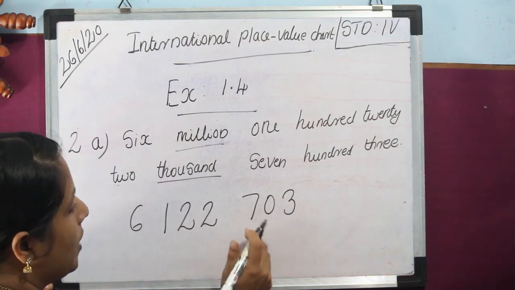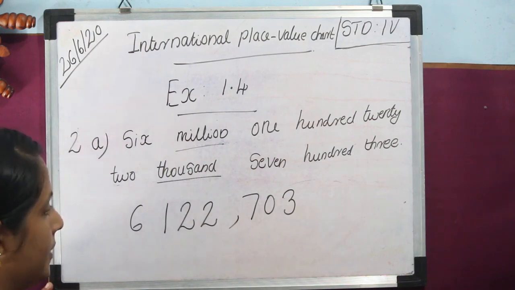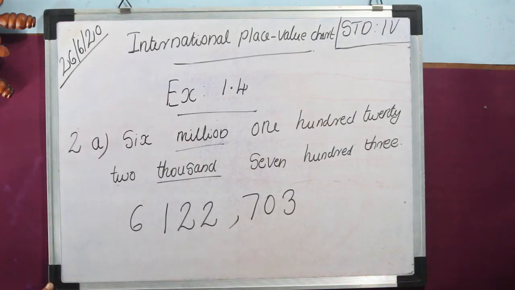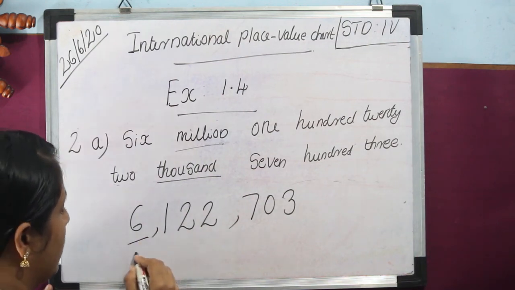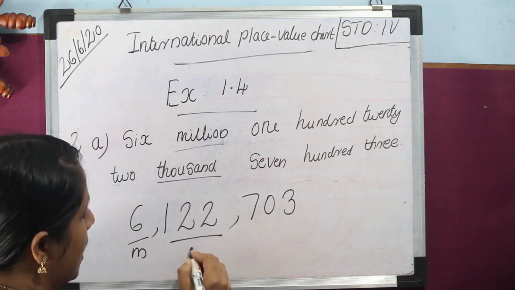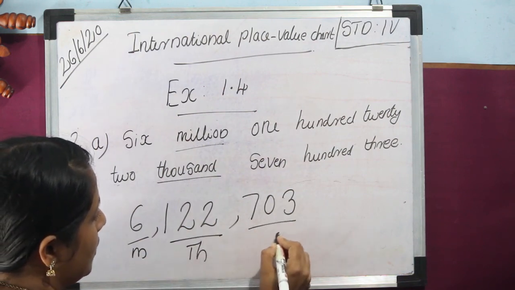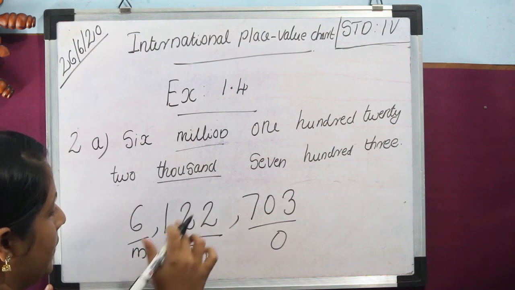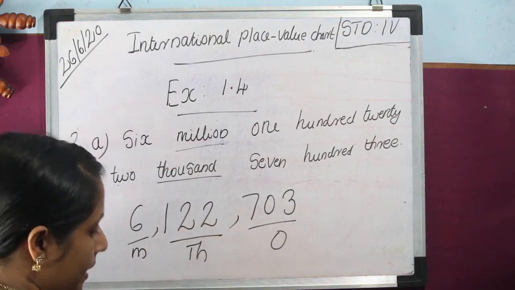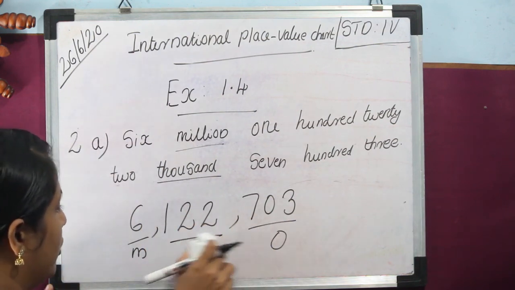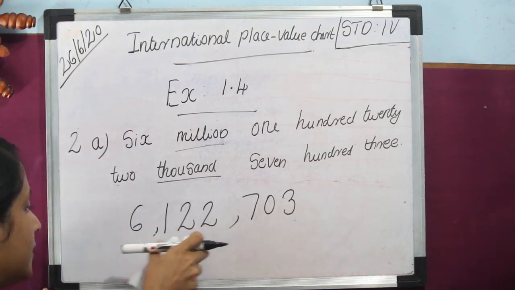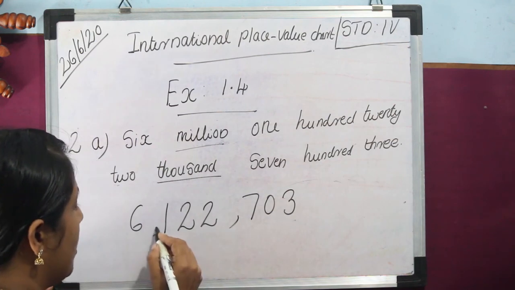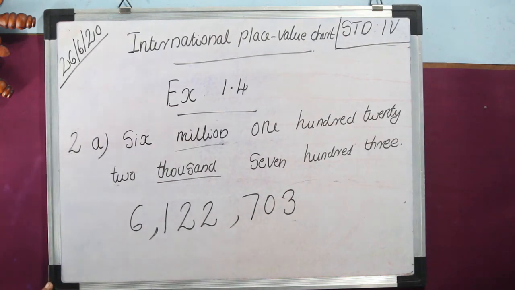The first comma comes after the hundreds place and the second comma comes after the 100,000 place. So this section belongs to million, this is thousand, and this is ones. So our number is 6,122,703. We want only numerals, that is 6,122,703.